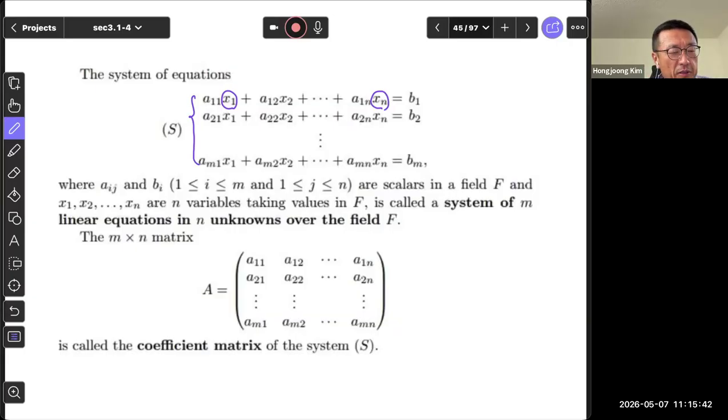We want to express it in a simple notation. So instead of writing down the plus or equality signs, we want to describe it using some matrix.